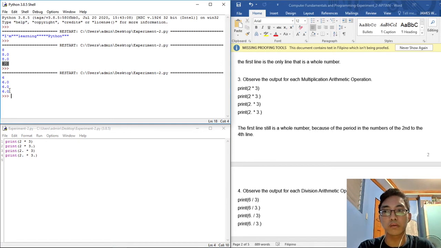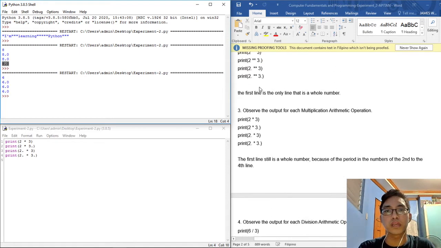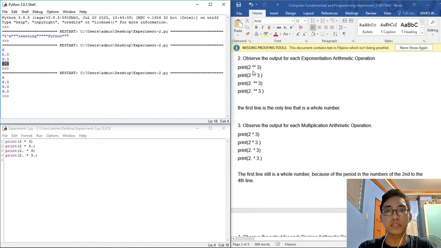As you can see, the numbers are different because Python recognizes the single asterisk as multiplication. That's why 3 times 2 is 6, while the double asterisk, Python recognizes it as an exponent. So 2 raised to 3, 2 times 2 times 2, is 8. You can see here.